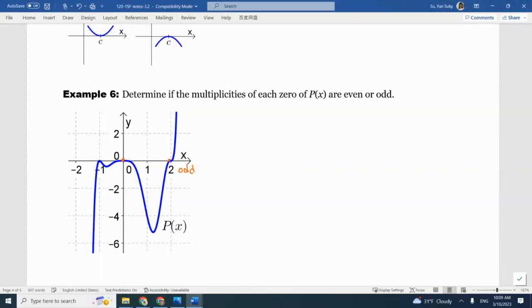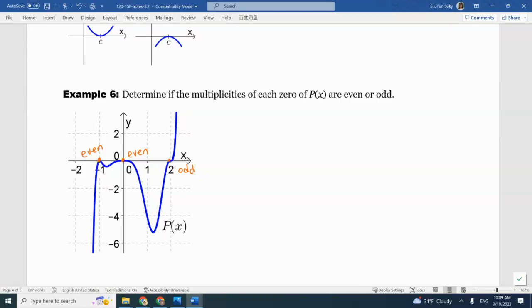Okay, how about the next one? 0 here. Even. Yes. Next one. The -1. Even. Right, everybody? So that is multiplicity. Good.